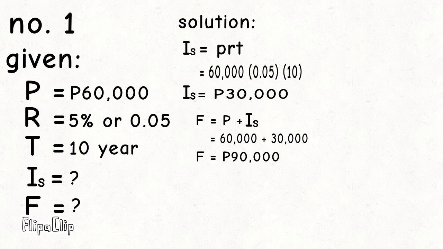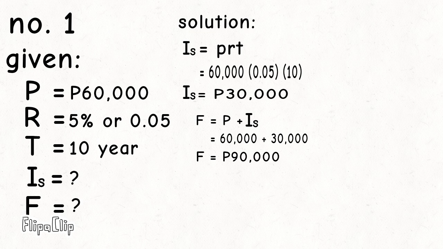For another solution, let's also begin with the formula of future value, which is F equals P plus Is. Then put 60,000, which is the principal, plus 30,000, which is the simple interest. To get the answer is almost pretty simple. It's almost as simple as answering 1 plus 1.